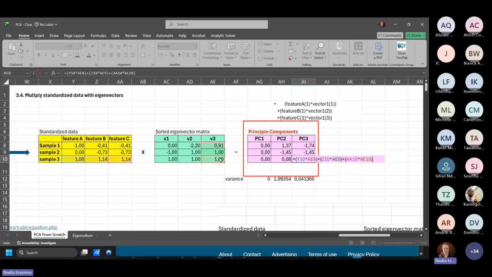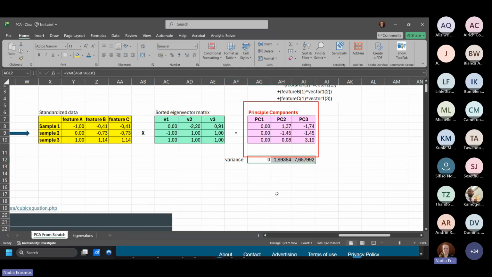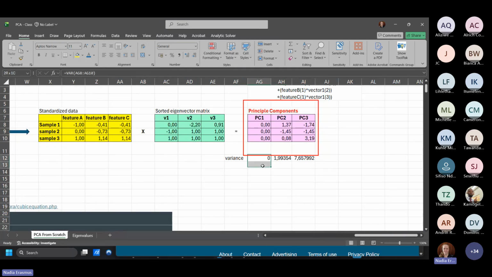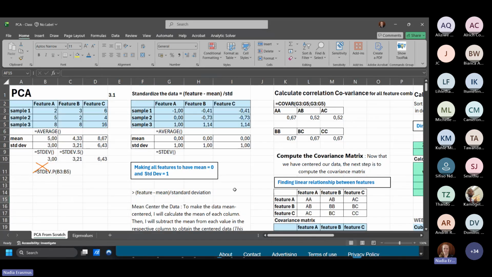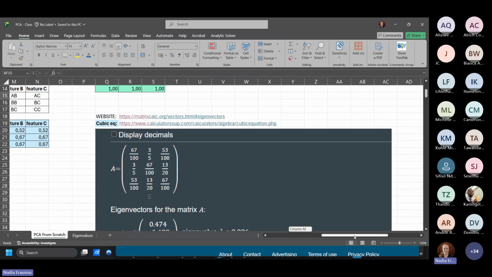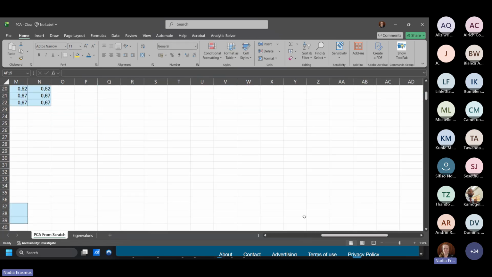Almost done, guys. Almost done. Okay, there we go. So now you have your principal components. You get the variance of your principal components, and then you're going to say what influence it has on your model. I'm going to add more extra content, extra slides, and this one is incorrect.